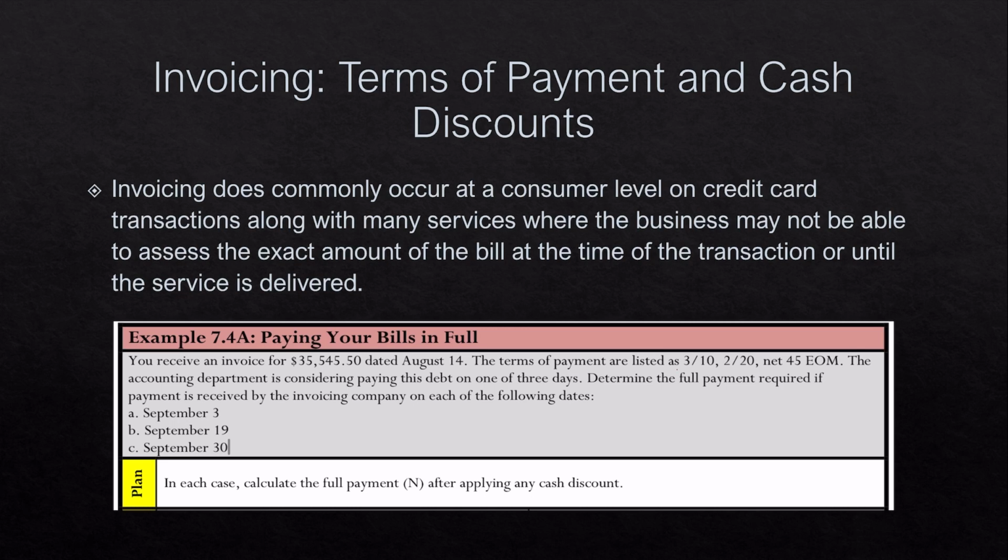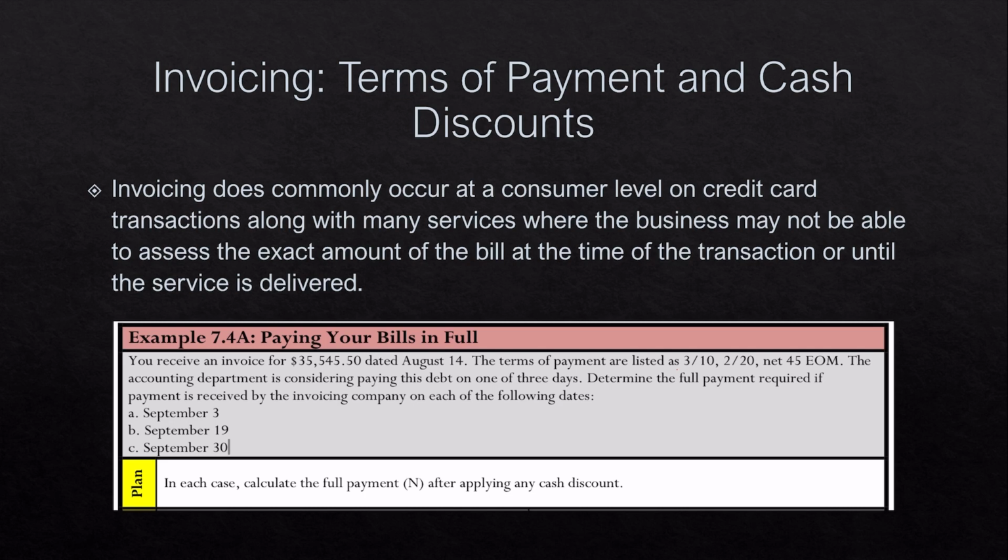The terms of payment are listed as 3/10, 2/20, net 45 EOM. The accounting department is considering paying this debt on one of three days. Determine the full amount required if the payment is received by the invoicing company on each of the following dates. So this is the way that we can calculate invoicing prices.